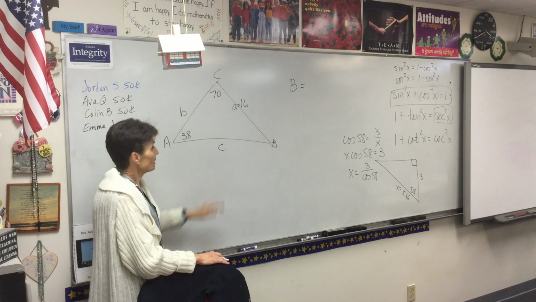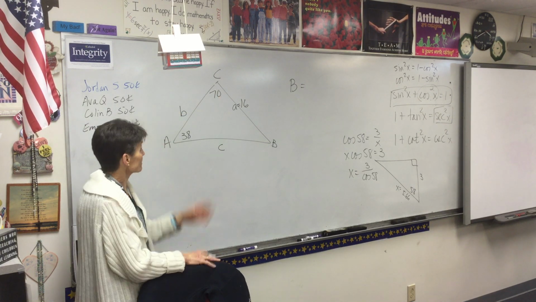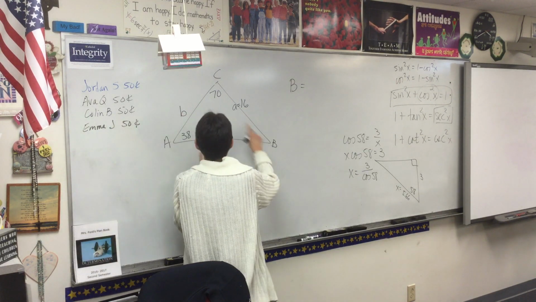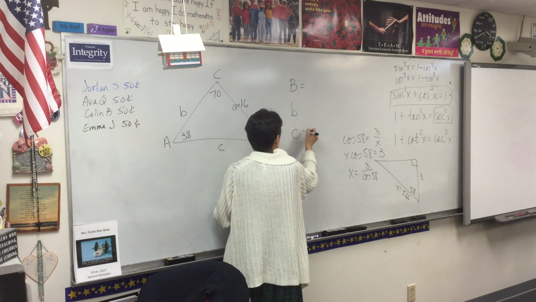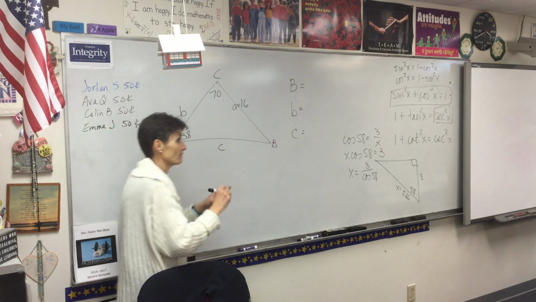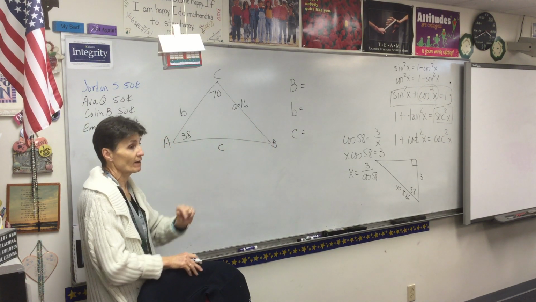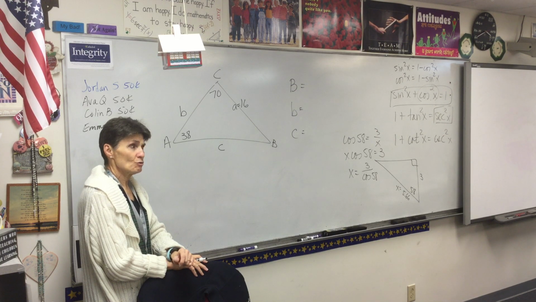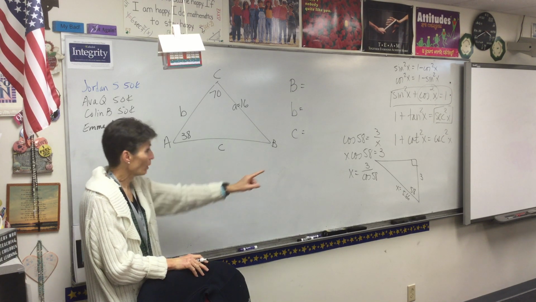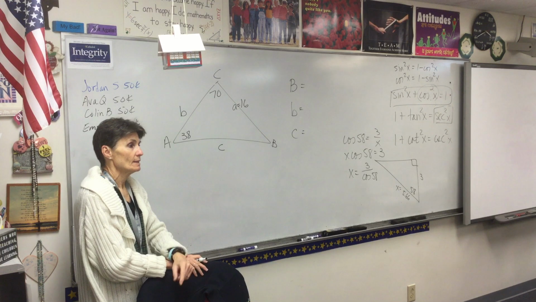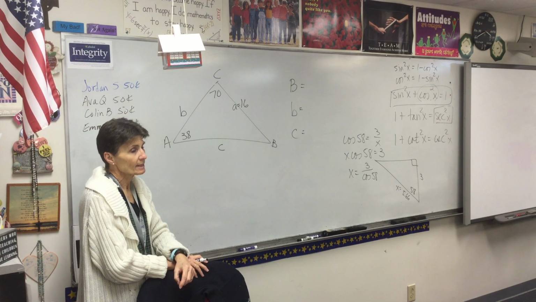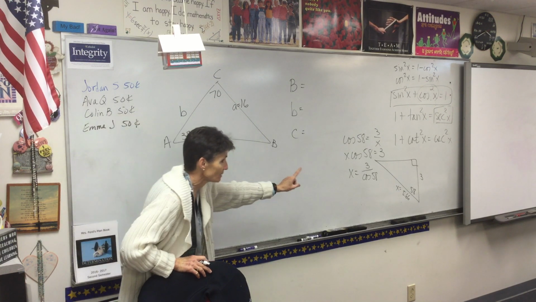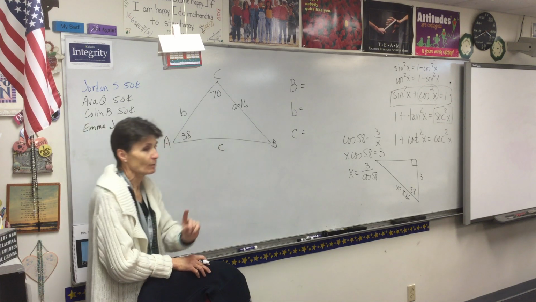Okay? Now the second thing I want to point out, now that we know we got to find big B, little b, and little c. That's my job. If I'm going to solve this triangle, I have to find those pieces of information. I have a huge problem though, kids, because what I learned before isn't going to work. Can anyone tell me why I'm not going to be using that strategy right there?